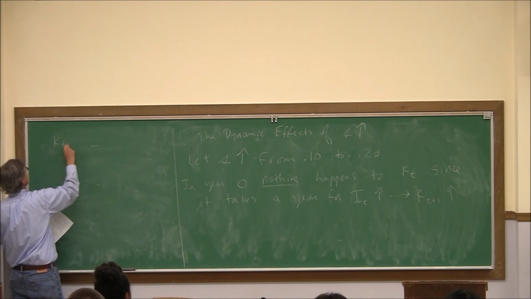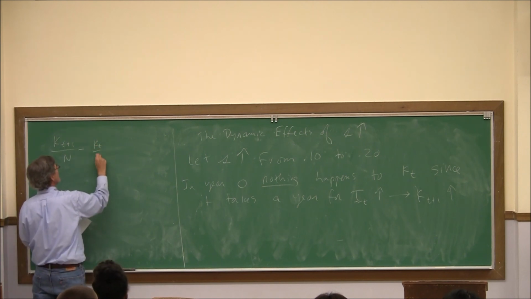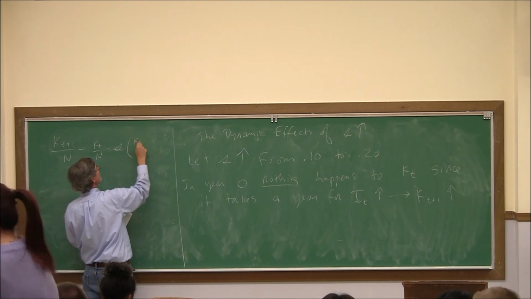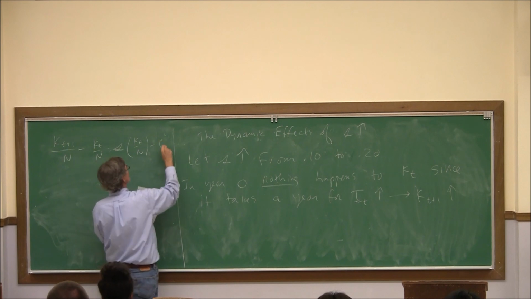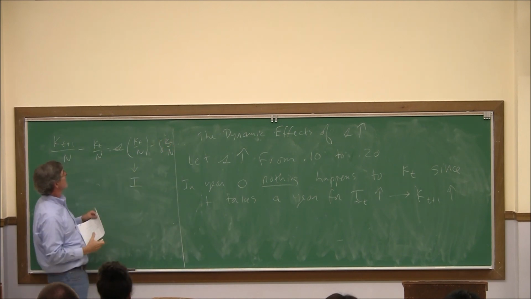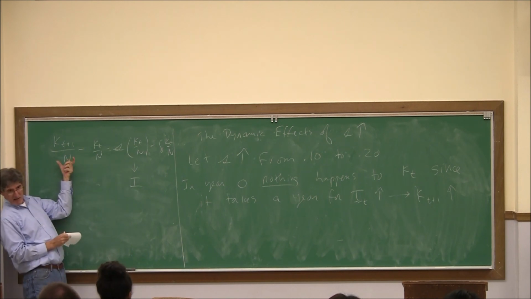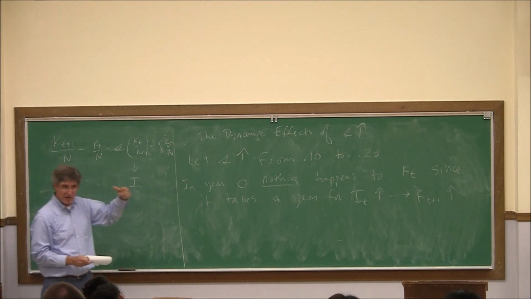k t plus 1 over n minus k t over n is s times k t over n minus delta k t over n. This is the investment part here. So investment doesn't turn into capital until the next year. And so in year zero, you don't get any effect on the capital stock from the increase in investment. The next year you do.